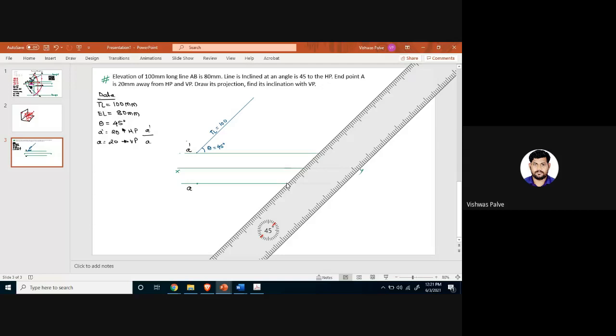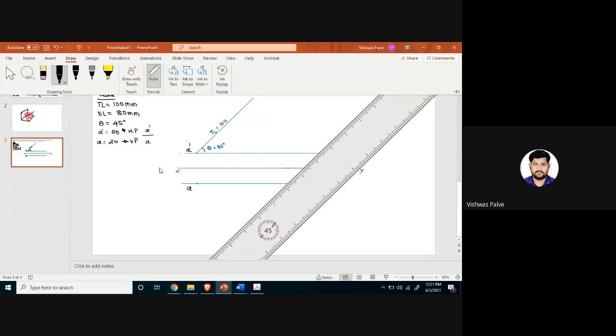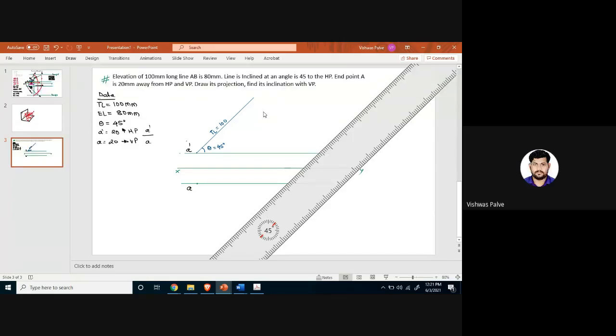What is the notation for true length in the front view? A dash B1 dash. So this point will be named B1 dash.